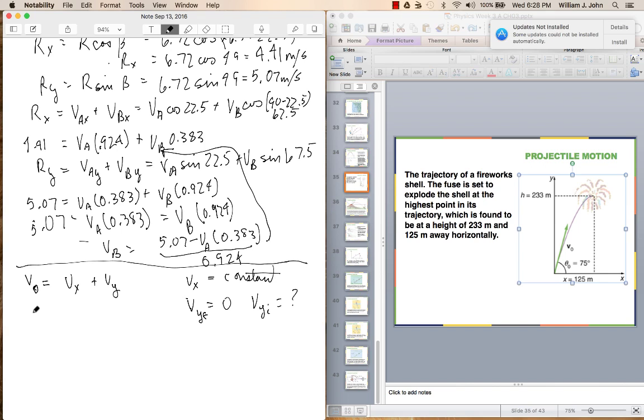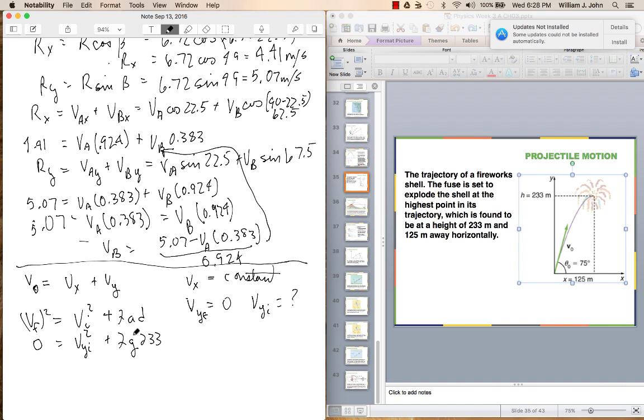And so we know from our last week that if you take the final velocity squared, that equals the initial velocity squared plus 2 times the acceleration times the distance. In this case, we've got 0 equals Vy initial squared plus 2 times g, times the distance, which is 233 meters.